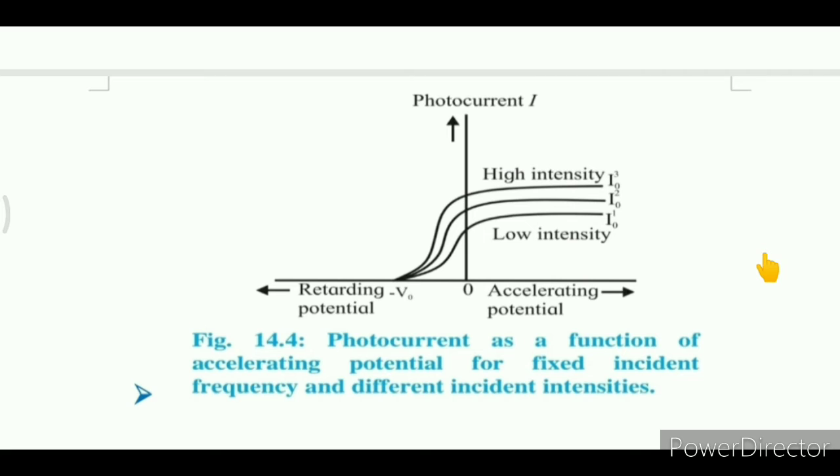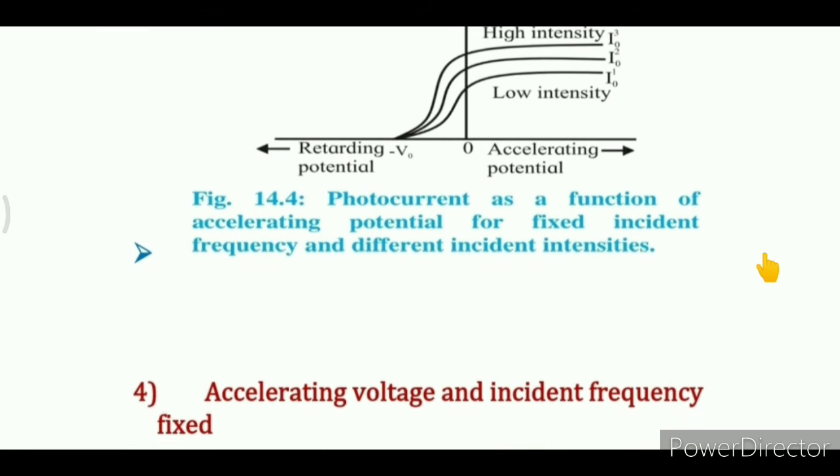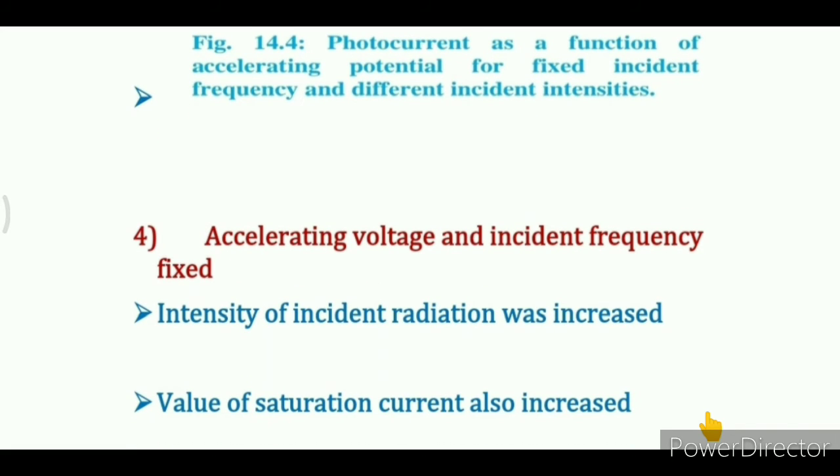So let us see the next observation, for the accelerating voltage and incident frequency when we keep them fixed. For this purpose, we have to observe that when the intensity of incident radiation was increased, the value of the saturation current also increased.